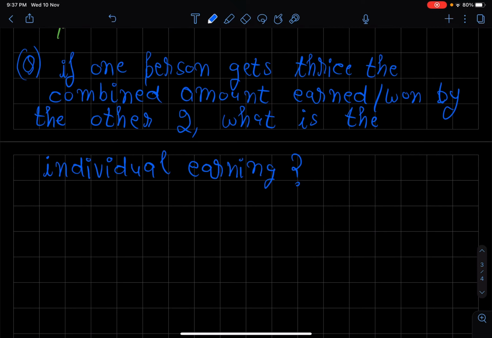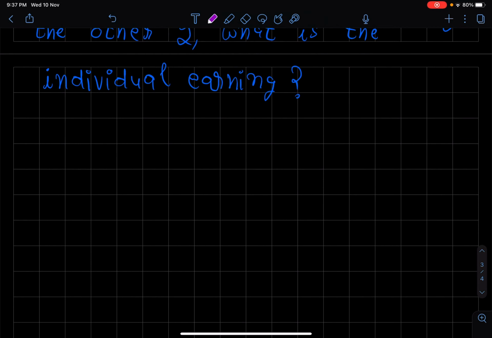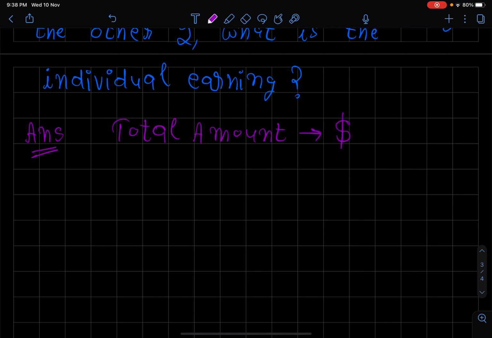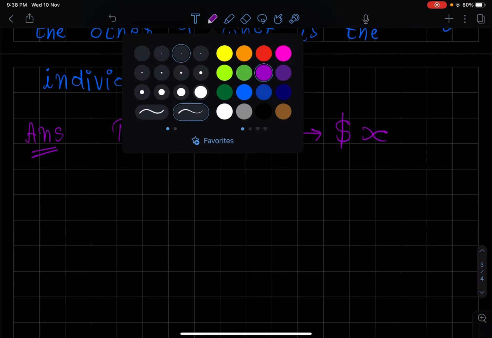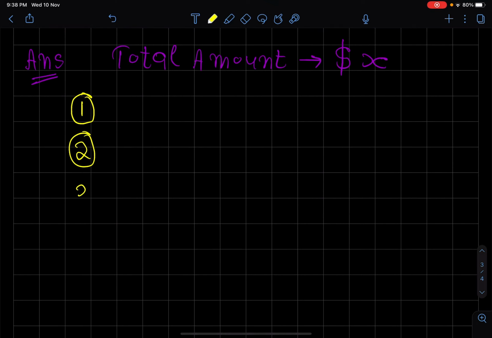All right, so let's apply our brains here, right? We walk step by step. No need to hurry in the examination. We write the total amount, which is X dollars. Now suppose we have 3 persons: person 1, person 2, person 3.